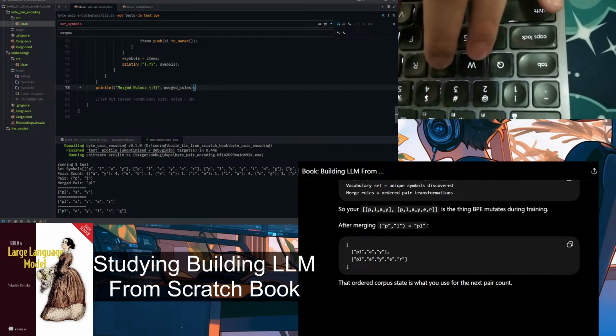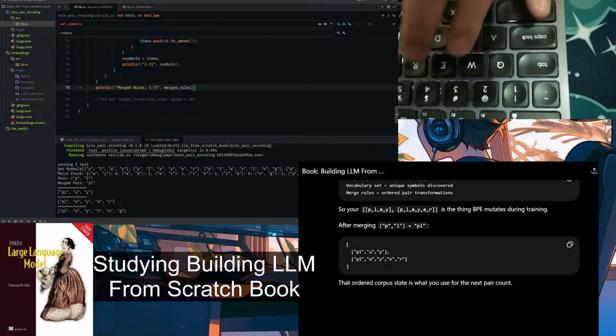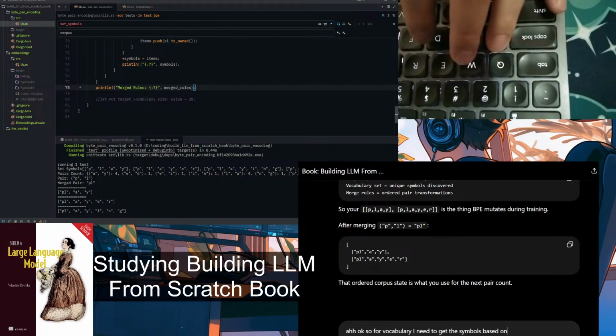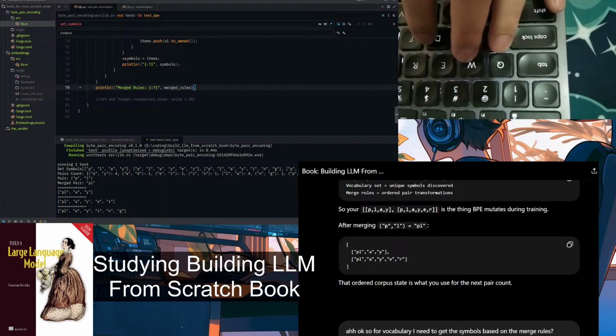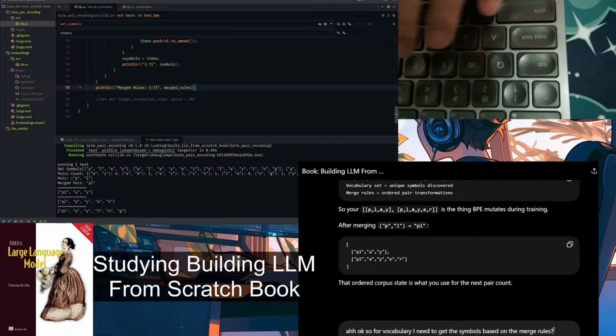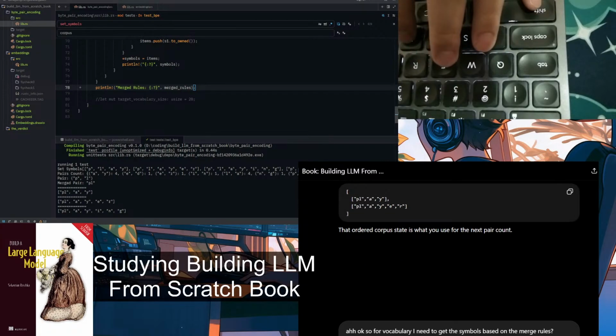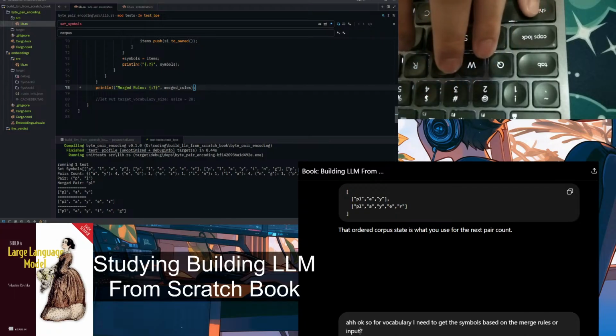I need to get the symbols on the merge rules. Ba't ganun?